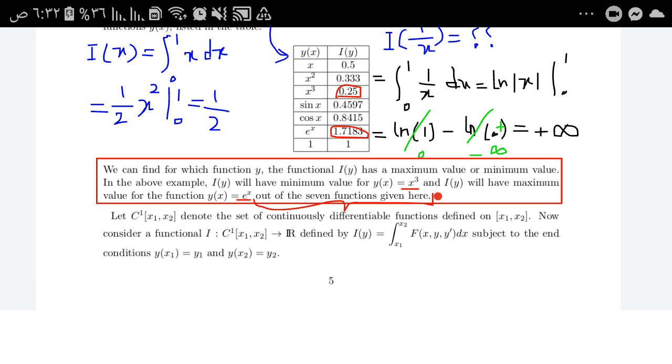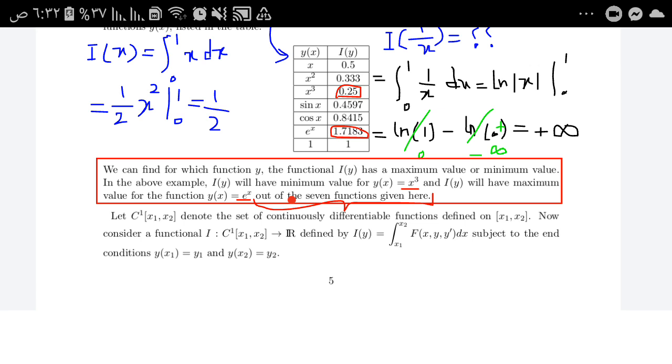But the given maximum and minimum functions are not the best solution.